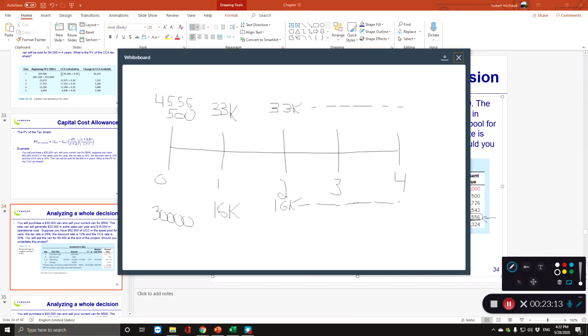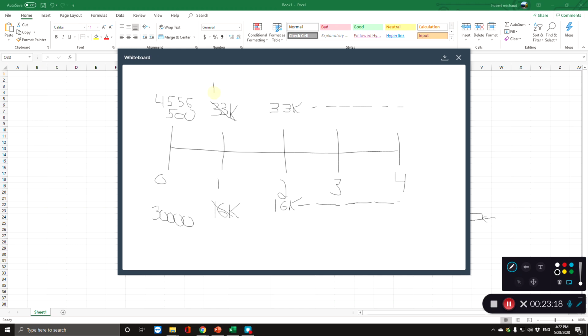So what I would do is I can replace these two by 17,000. But this is an operating profit, a profit before tax. So I need to multiply all of them by 1 minus T, the tax rate. And I need to do this with all of these in every year.